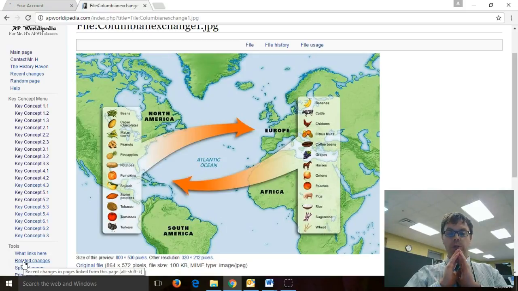What you need to know about the Columbian Exchange is basically this is an exchange of goods, diseases, products, and even people that occurs after 1492.